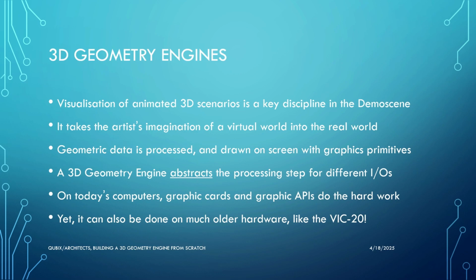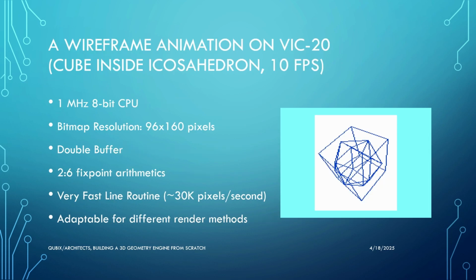On today's computers, it's the graphics cards and the GPUs that do the hard work, but you can also do it on fairly old hardware like the VIC-20, which is from 1980, and do something like this.